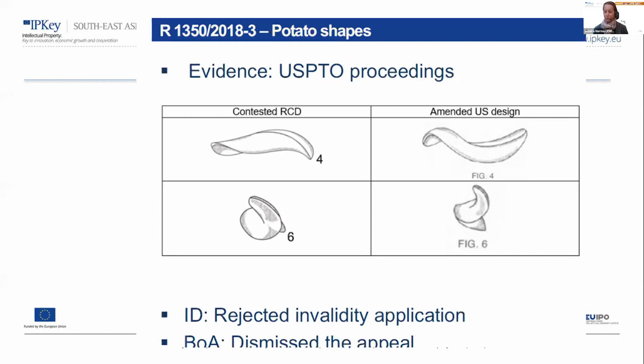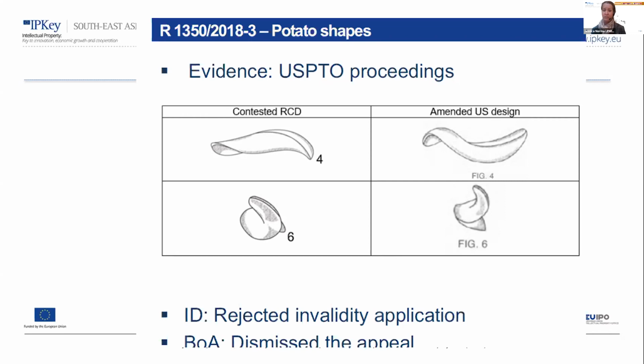And this argument, in fact, was rejected by us, by the invalidity decision, considering that there was, in fact, adequacy between the graphic representations. It was the same product that was represented, and we did not buy the arguments about the US patent design.